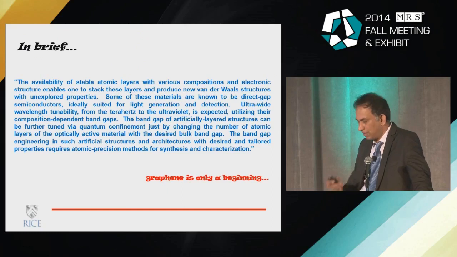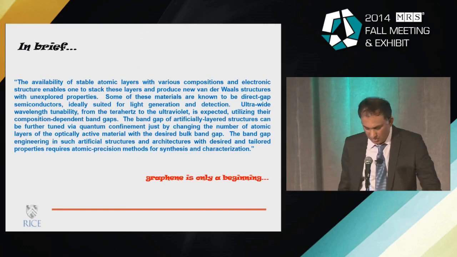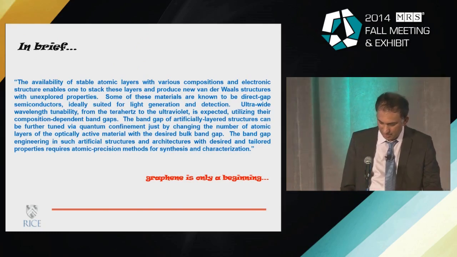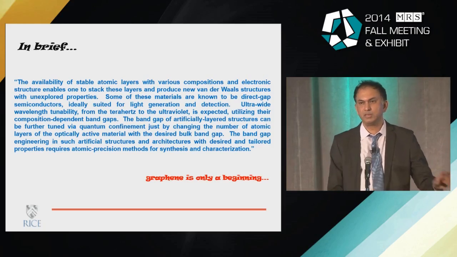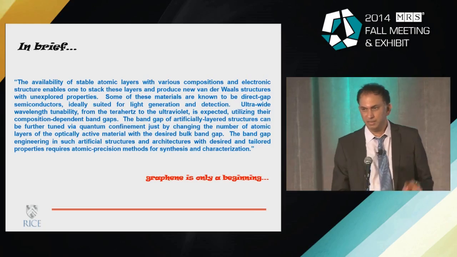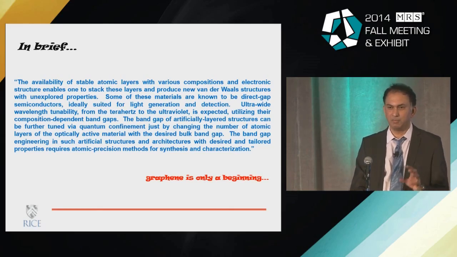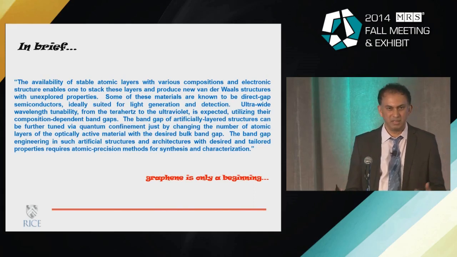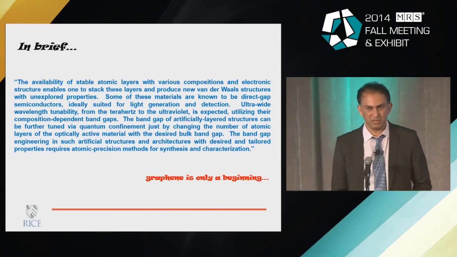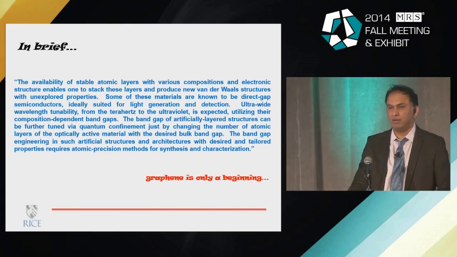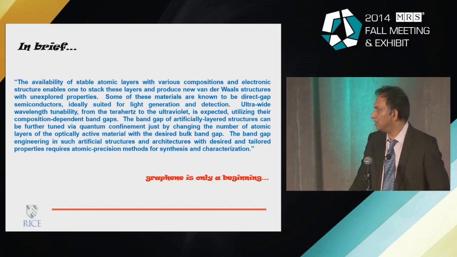So let me summarize and say that the most interesting thing that has happened in this field is our ability to create in a reasonably scalable fashion these 2D building blocks. And the next thing to do would be to build heterogeneous structures, either periodically or with less periodicity.